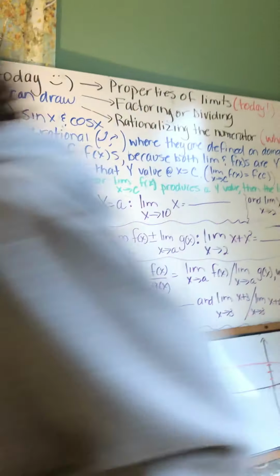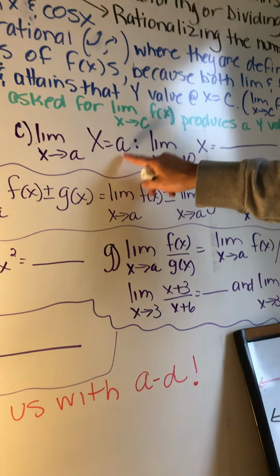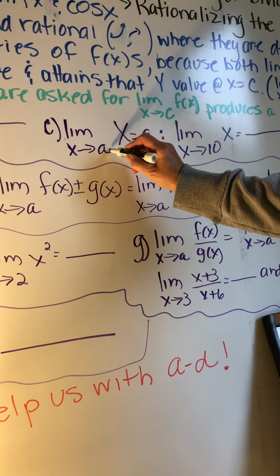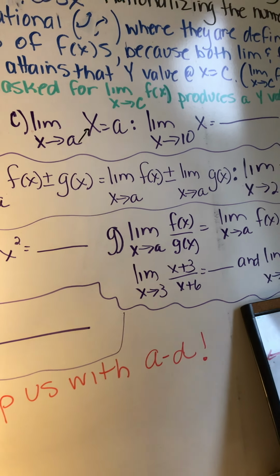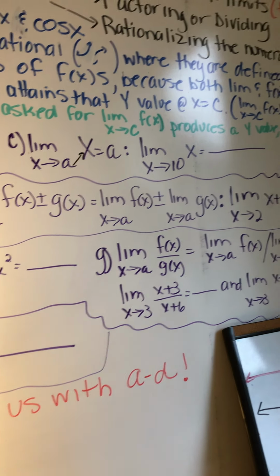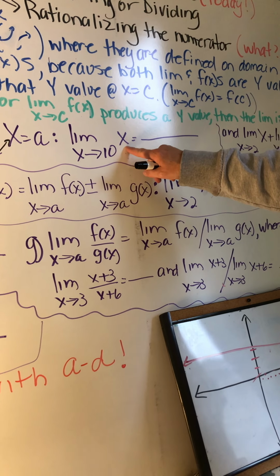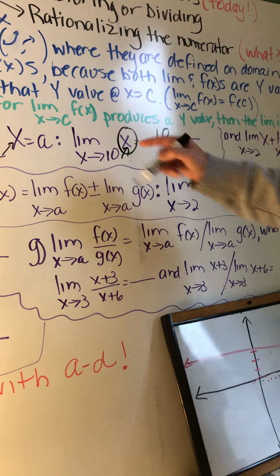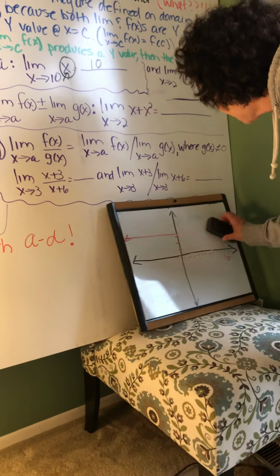Okay. Super easy. Let's go to C. The limit as x approaches a of x is a, right? So again, we're using direct substitution. Let's put that a in for x and it produces an a. What does this mean? Let's try an example. The limit as x approaches 10 of x is 10. So let's take a look. You know what this function looks like. The y equals x line, right?